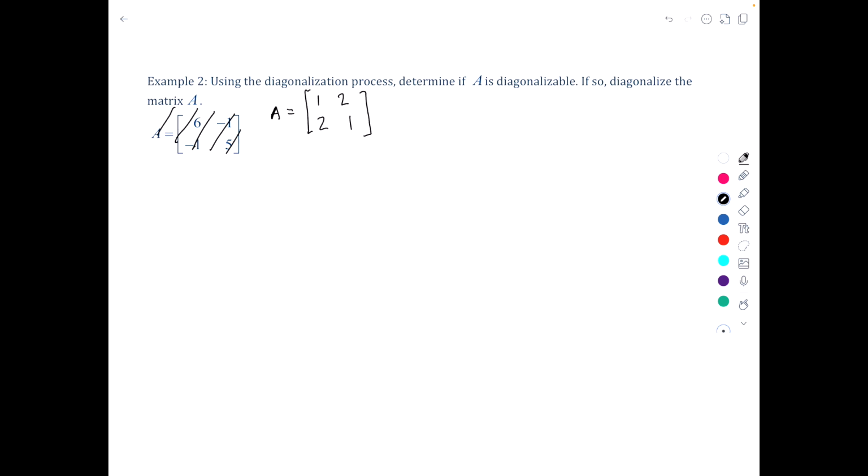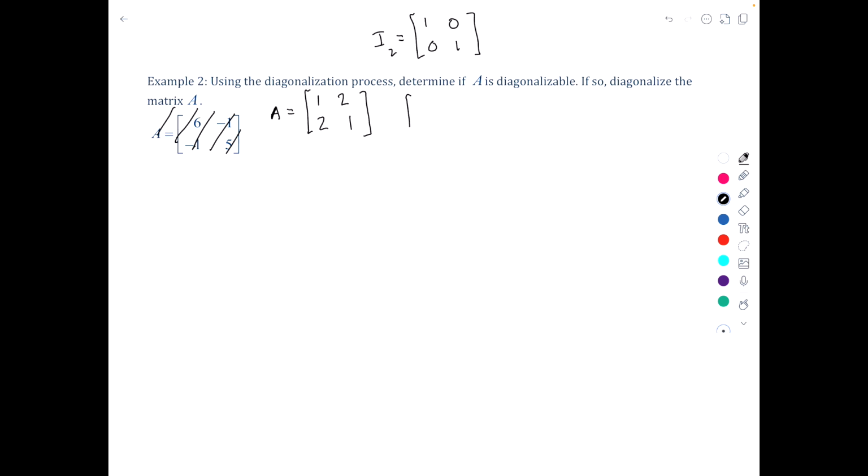So if you recall, going through the diagonalization process, we need to know what I2 is to find the eigenvalues and eigenvectors. So we'll be using I2 since we have a 2 by 2 matrix.